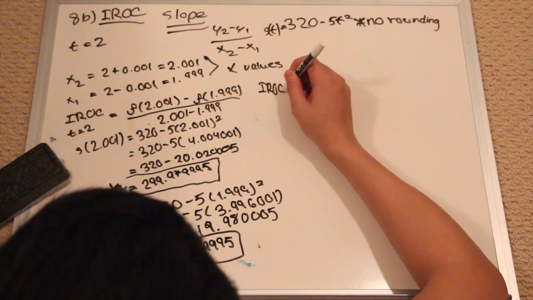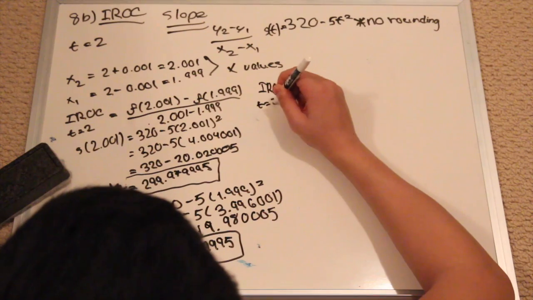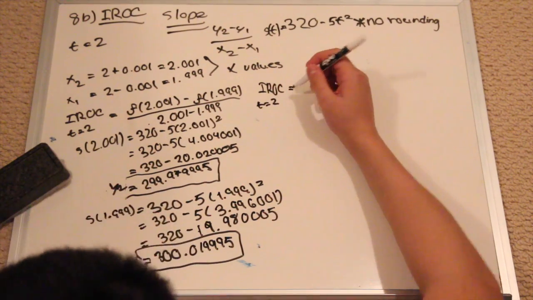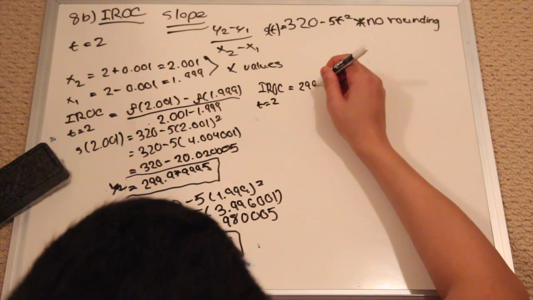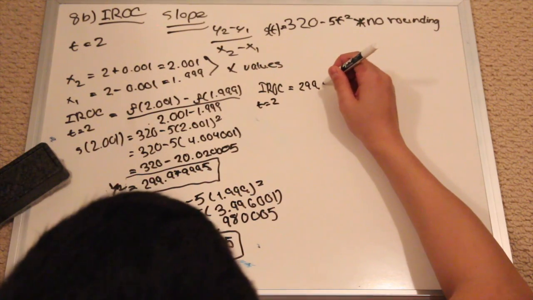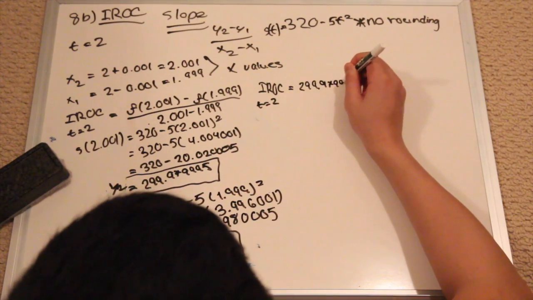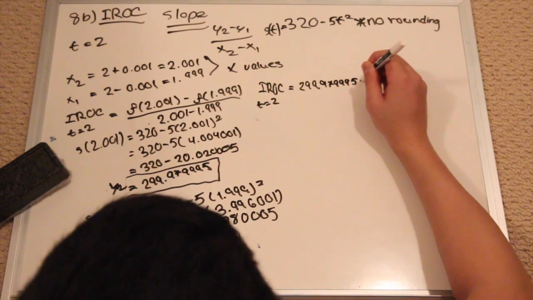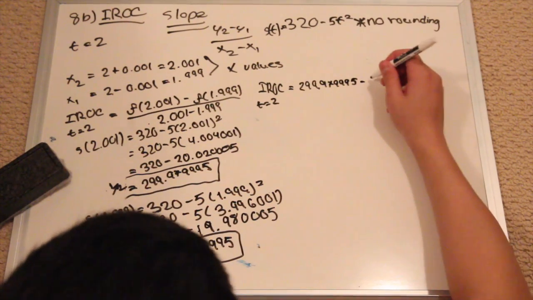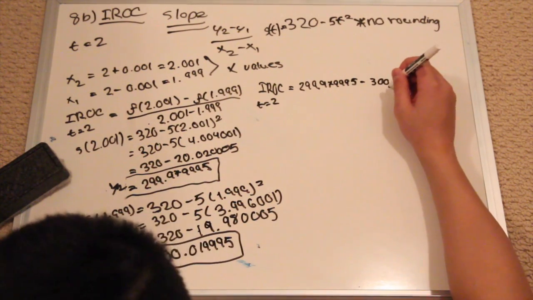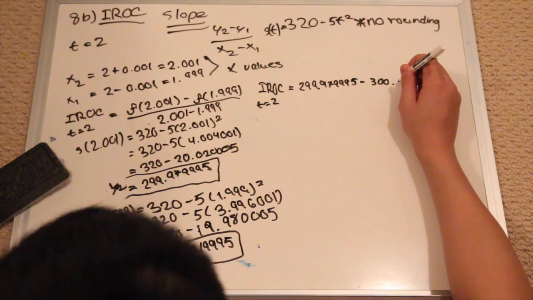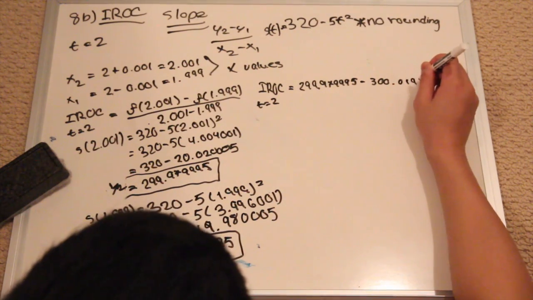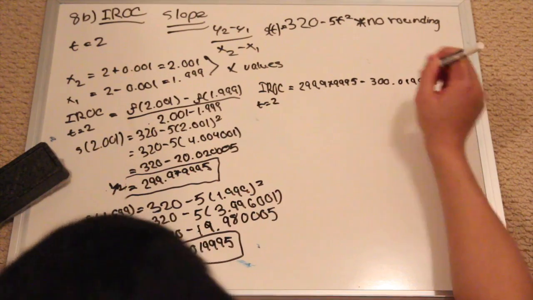IROC at t equals 2 is going to equal 299.979995 minus 300.019995.